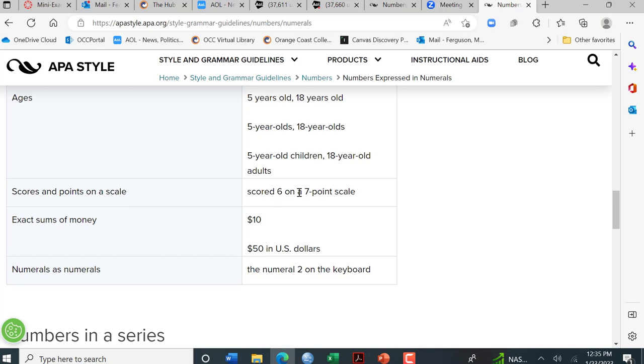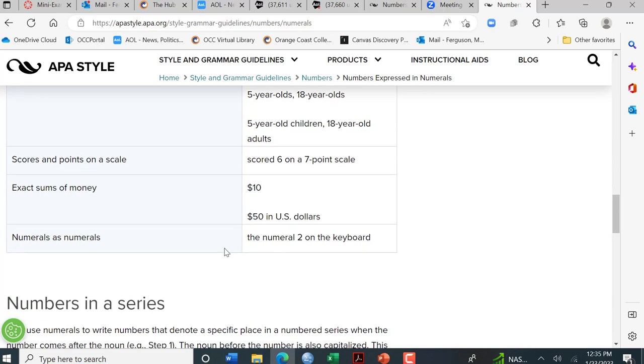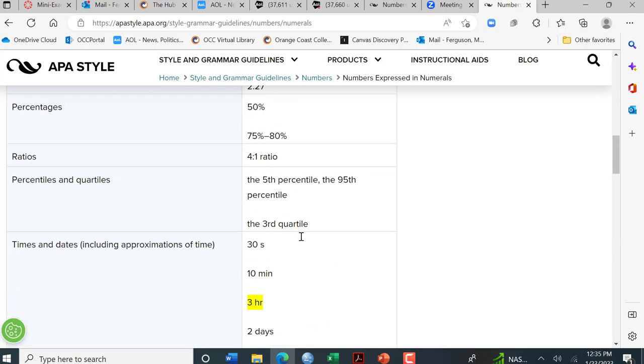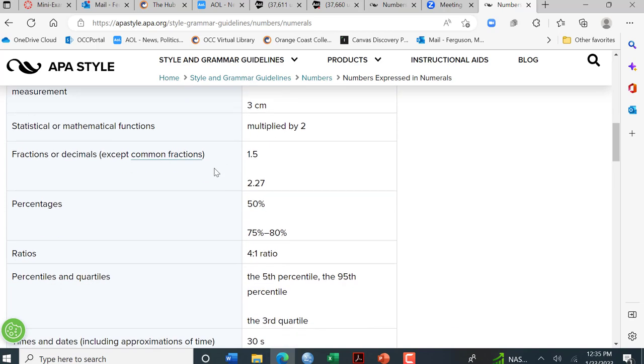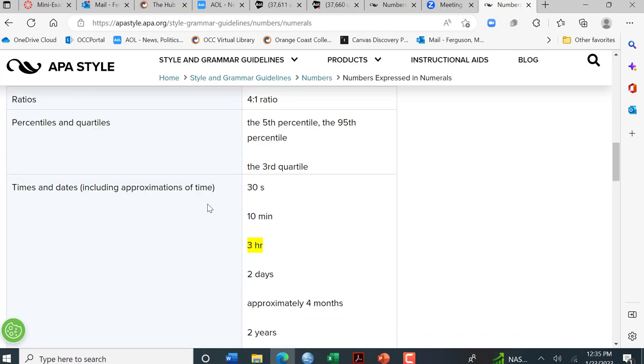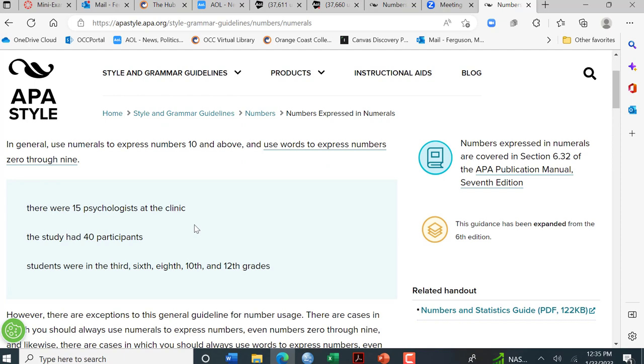So scored 6 on a 7-point scale. Those are both under 10, but this is an exception. Sums of money, talking about the actual number on a keyboard or something like that. So all of these are exceptions. The ones you'll probably use the most would perhaps be unit of measurement, percentages, and dates and times. So you could also just simply print this up and start making your own little APA style guide if you wanted to.